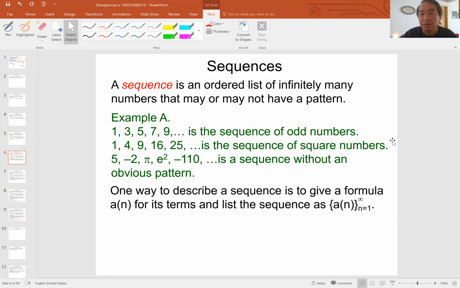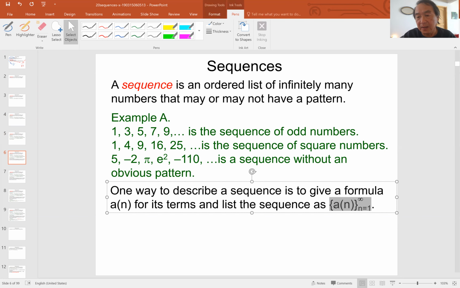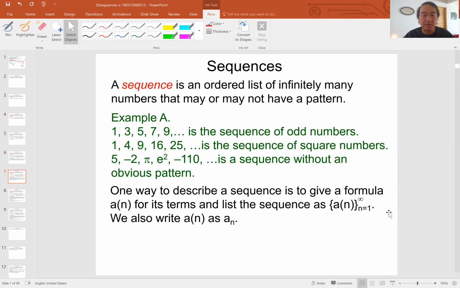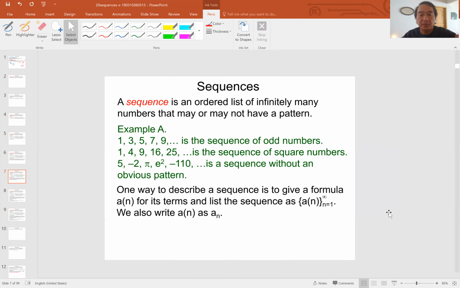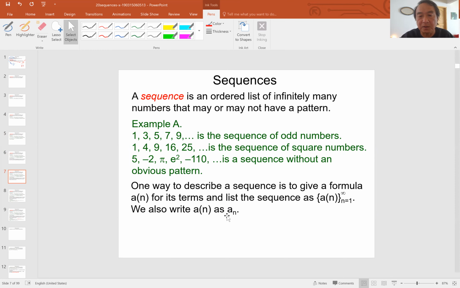We write the general notation for a sequence. If you write a little bit more completely, we write it as a set. Here is a formula, a function based on n, the integer n. If we know what it is, we write it out explicitly. If one writes it shorter, we simply write each term as a with an index n.